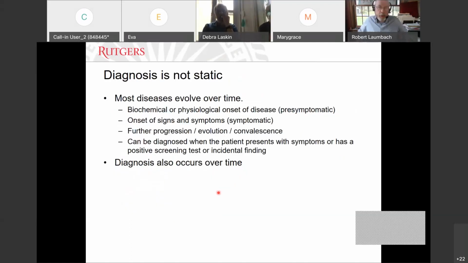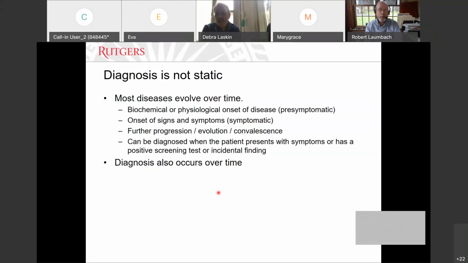Another issue with uncertainty in diagnosis is that disease is not static. Most diseases evolve over time, and that's true with COVID, as anyone who's been following the news about the emerging evidence knows: when the disease starts, when the viral shedding starts, when symptoms start, when all these things abate, over what time period, and whether or not there could be recurrence.